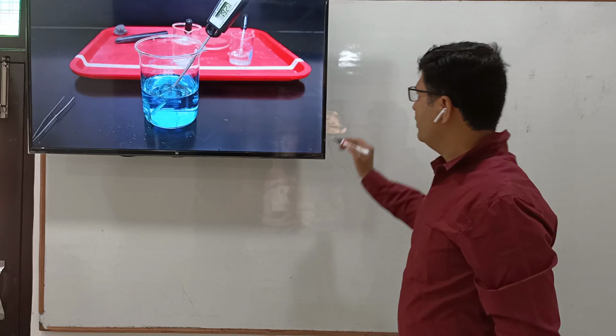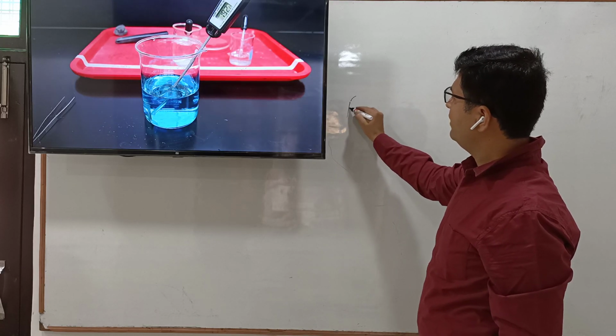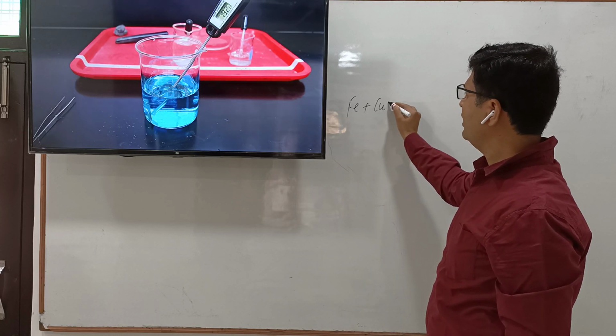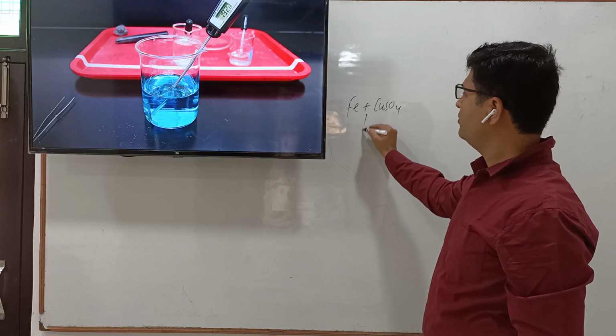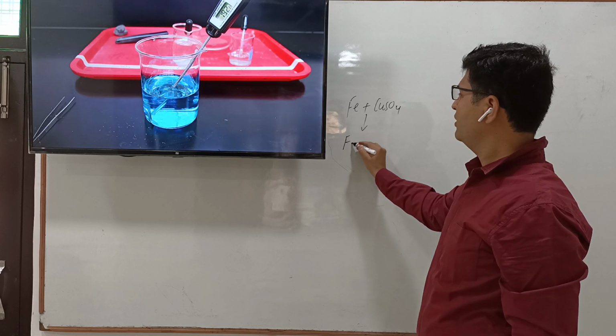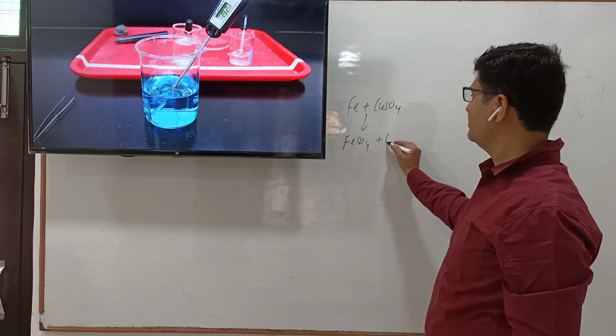In this reaction, Fe reacts with CuSO4 to form FeSO4 plus Cu.